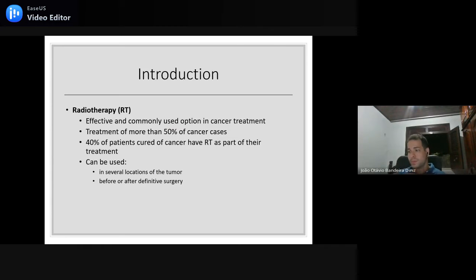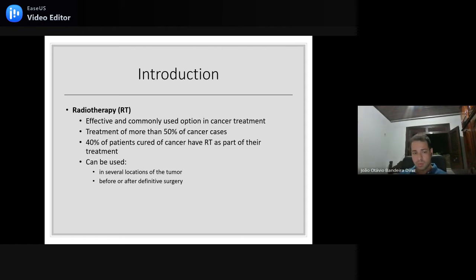Talking about the introduction, just to bring in some concepts that will be necessary during the presentation. Radiotherapy is an effective and commonly used option in cancer treatment. A lot of patients who are cured of cancer have this kind of treatment during the process.